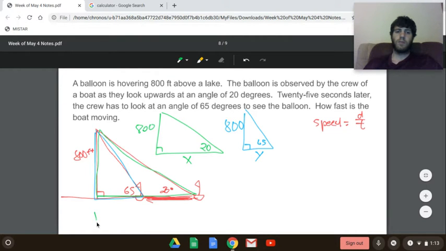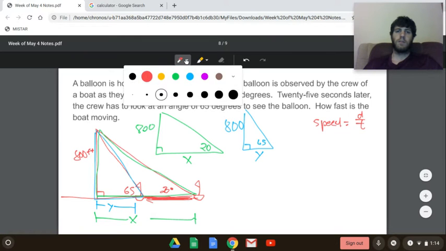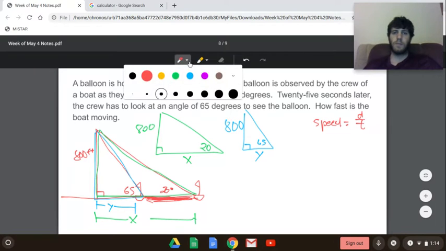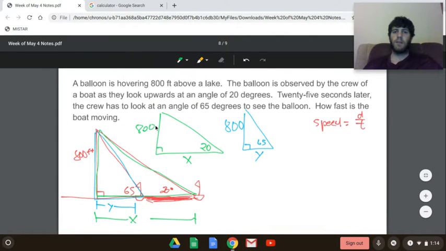All right, so this whole thing will be x. Okay, the whole base there is x. This piece here is y. And then we are looking for this whole piece here. Okay, so for the green triangle here, again, you have opposite over adjacent, that's tangent, right?